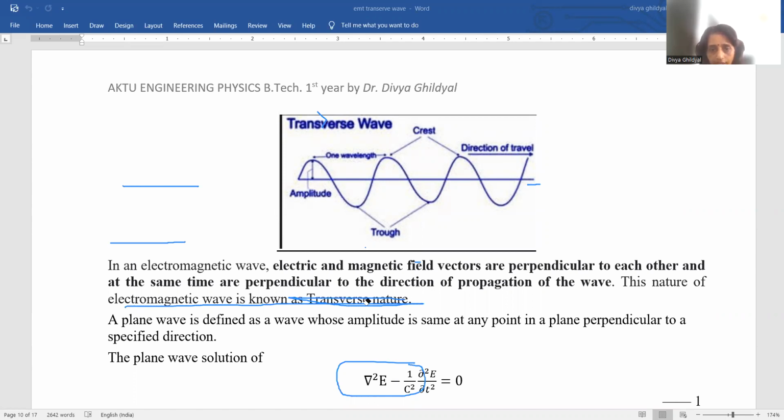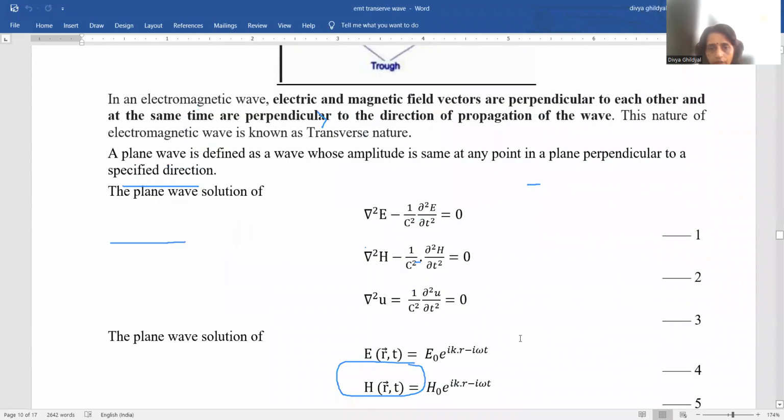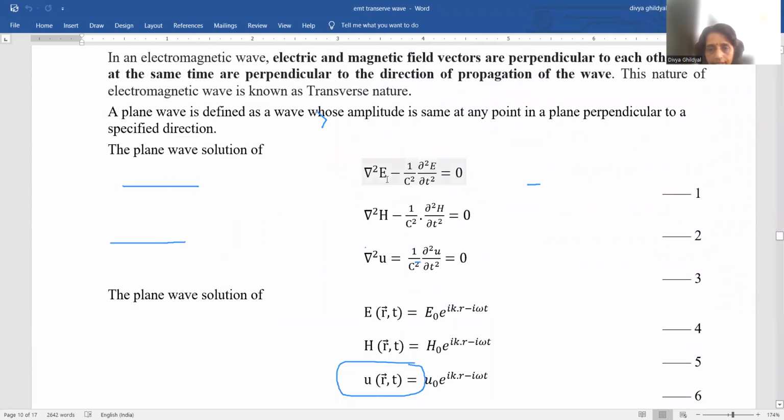Now, in order to derive and mathematically show it, we will once again use the derivation which we did just now for electric field, magnetic field, and any arbitrary solution of a wave equation: del square E minus 1 upon c square, del square E by del t square equal to 0; del square H minus 1 upon c square, del square H by del t square equal to 0; and del square U minus 1 upon c square, del square U by del t square equal to 0.